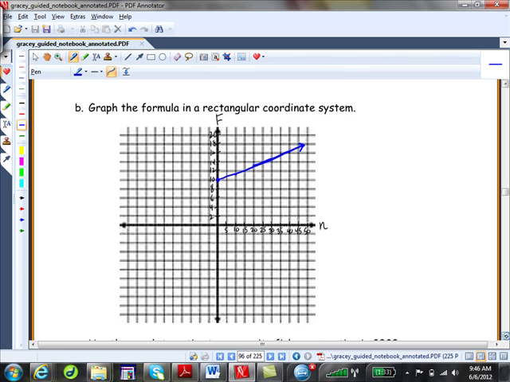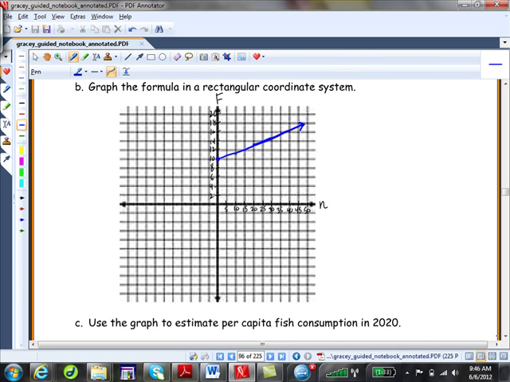Okay, so now let's use our graph to estimate per capita fish consumption in 2020. What would I look for? 1960 plus 60, I guess. So I didn't go quite far enough, but we can add on to our graph. So this would be 55, 60.